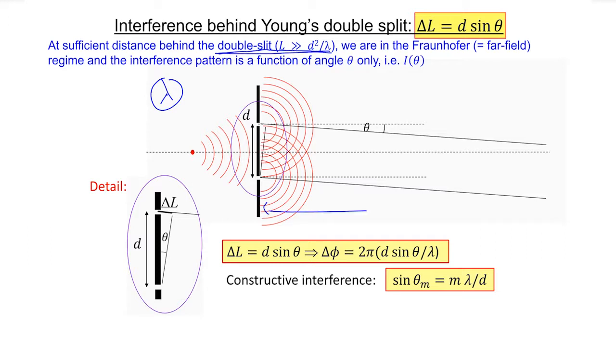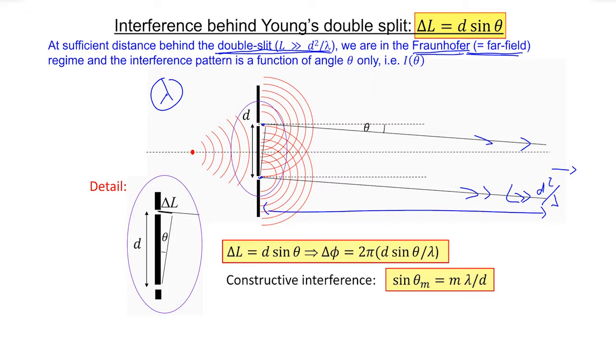So this distance L has to be large, and to be more precise, it has to be larger than d squared over lambda, to be in what's called the Fraunhofer regime, or the far field regime of diffraction. And if you're very far away from the slit, then the two light sources being emitted by these two slits to this distant screen, they produce more or less parallel beams that interfere far away.